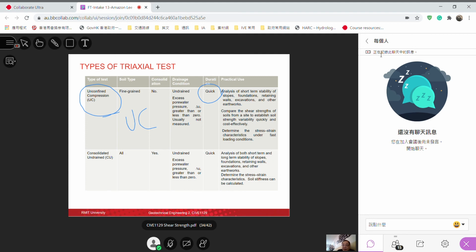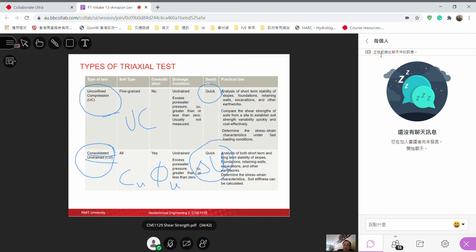Usually in a triaxial test, we either do a CU test. CU, not Chinese U, it's consolidated undrained test with pore pressure measurement. So from that we can figure out c_u, undrained cohesion intercept, undrained angle of friction, and then we also measure the pore pressure change.